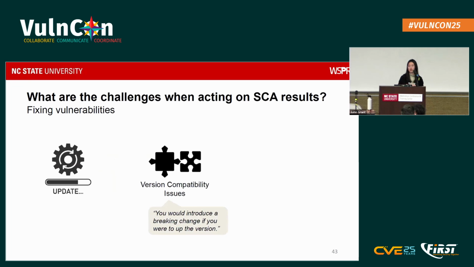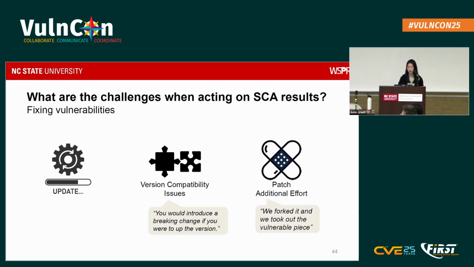Say if you update to another major version that could have different APIs, and that might cause a break in your software. Sometimes to prevent that or fix the breaking changes, developers share that they would have to write custom fixes or patch the code.